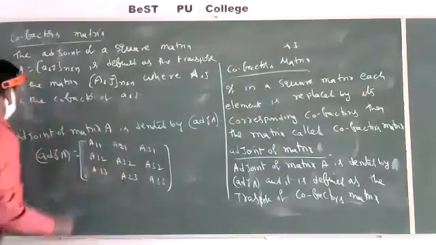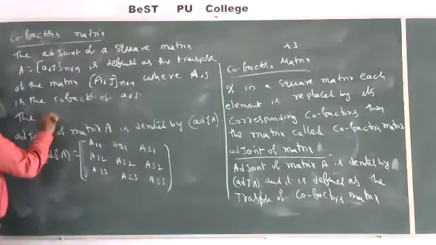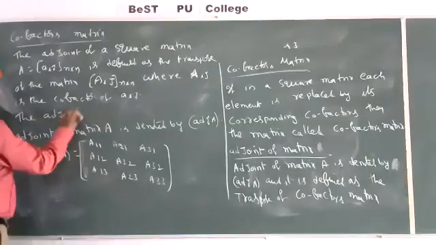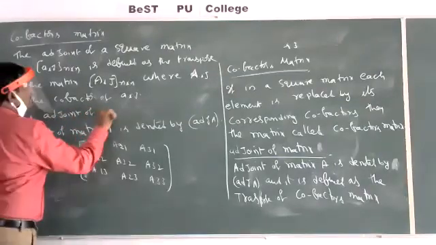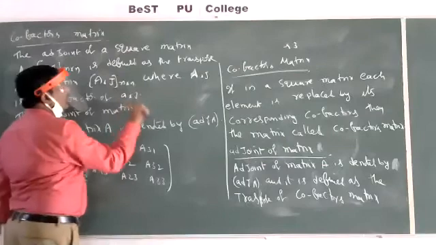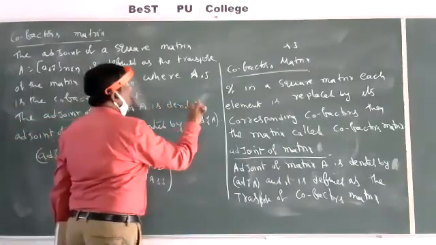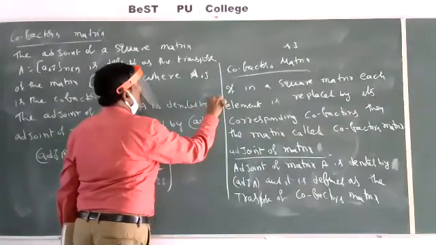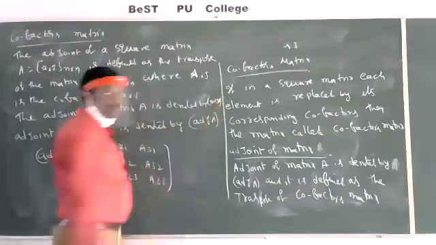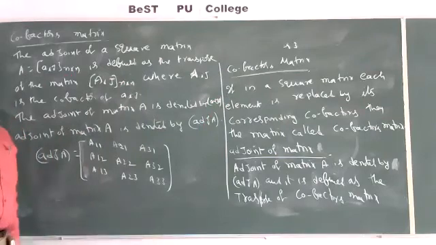The adjoint of the matrix A is denoted by adjoint of A.